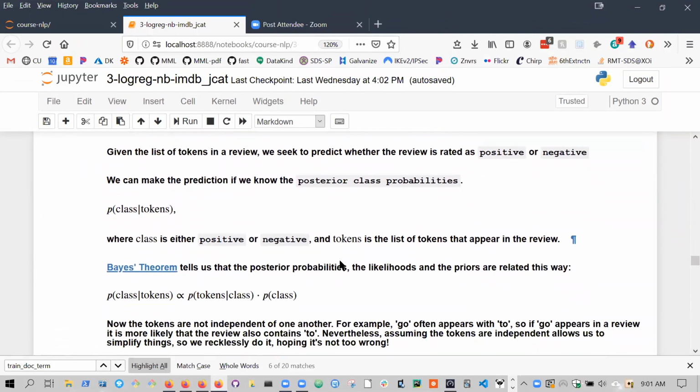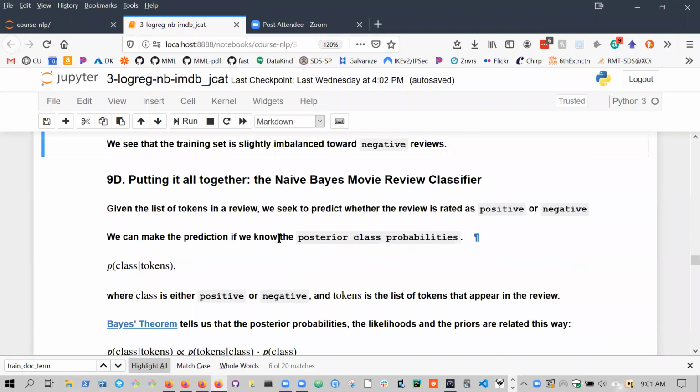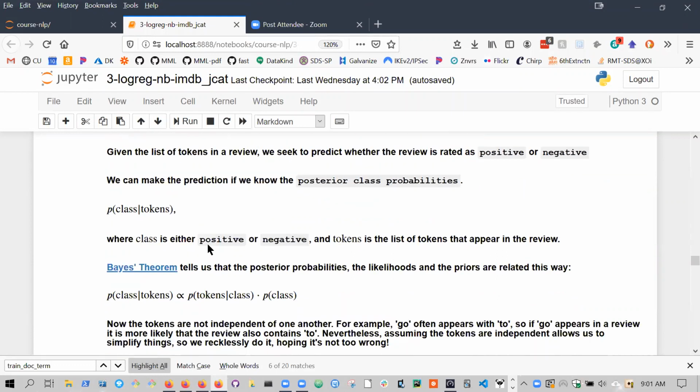Okay, and now here's the main part of the explanation of the naive Bayes classifier. What we would like to do is predict the probability that the review is positive or negative given the tokens that it contains.